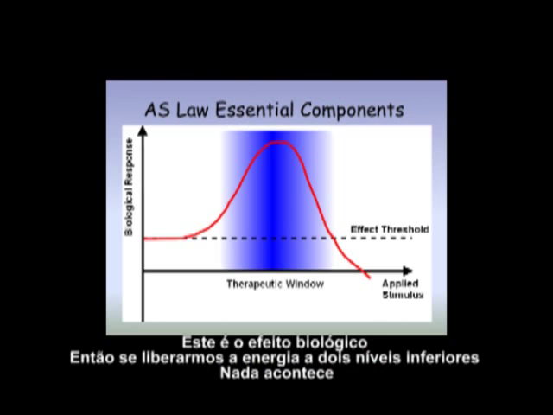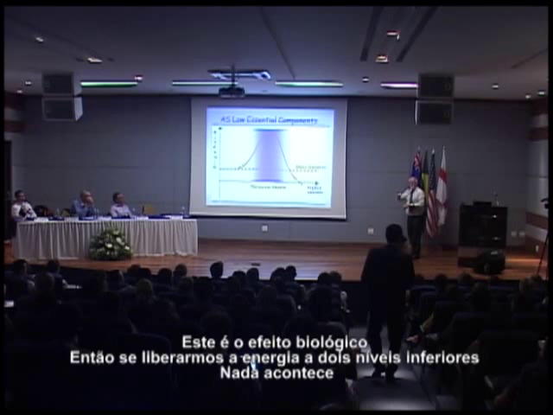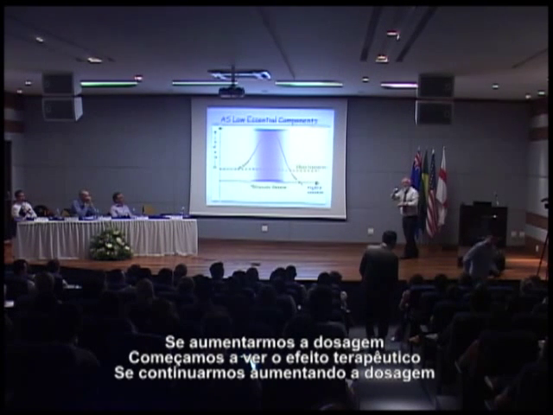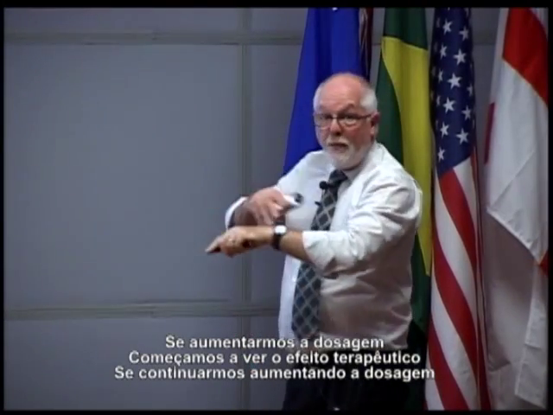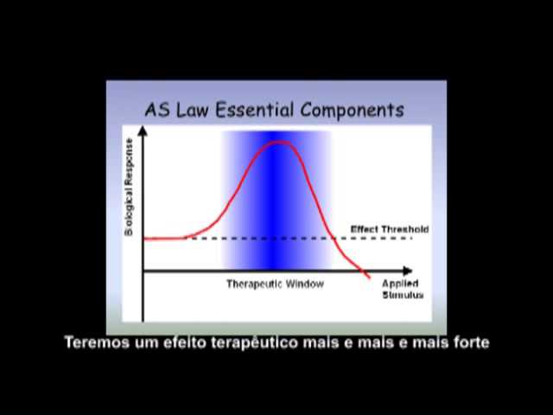this is biological effect. So if we deliver the energy at too low a level, nothing happens. If we turn the treatment up, we turn the dose up, we start to get a therapy effect. If we keep turning the dose up, we get a stronger and stronger therapy effect.